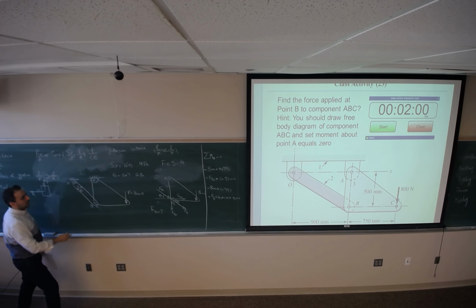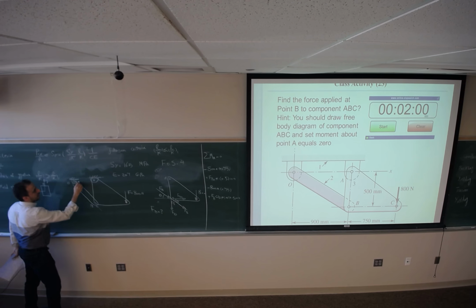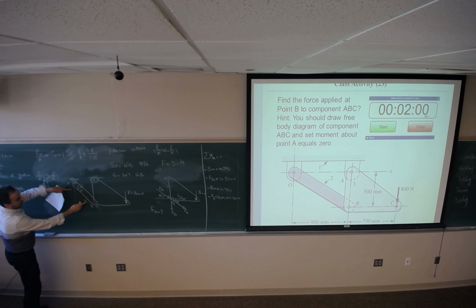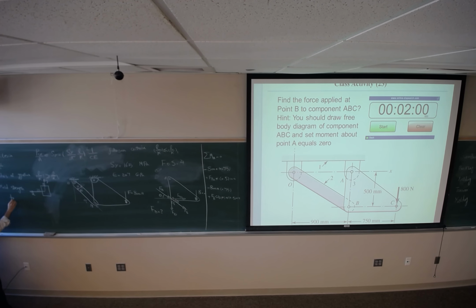How can I find theta? Theta is this angle or this angle. The tangent of this theta is this length divided by this length. The tangent of theta would be 0.5 over 0.75. Then theta would be the tangent inverse of this, which is 29.05 degrees.